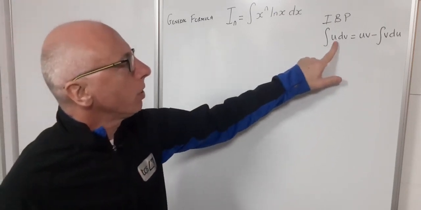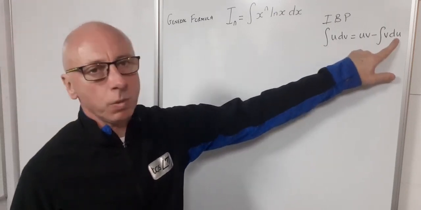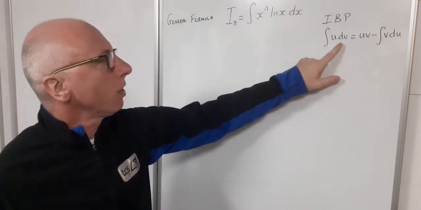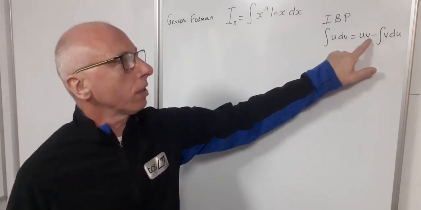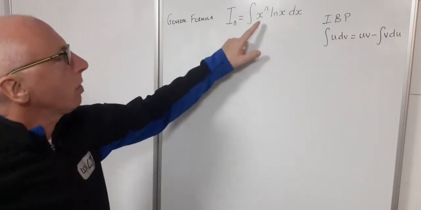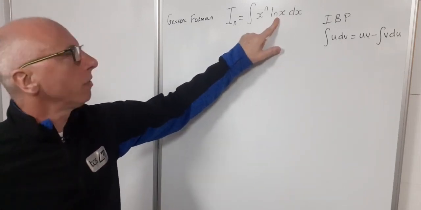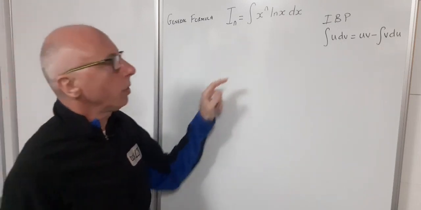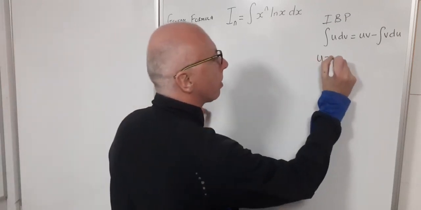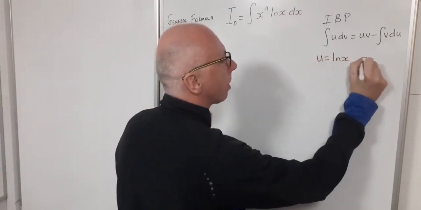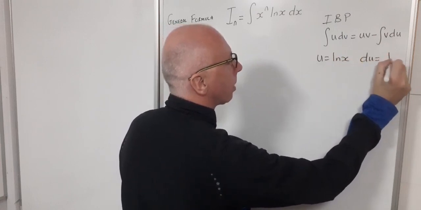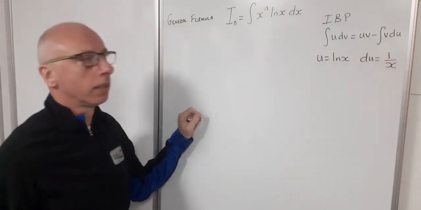So if you pick u, we know that u is going to be differentiated. If we pick v, it's going to be integrated. So for this one, I'm going to take the derivative of log. So I'm going to let u equal log of x. So u is log of x. So therefore du equals 1 over x.